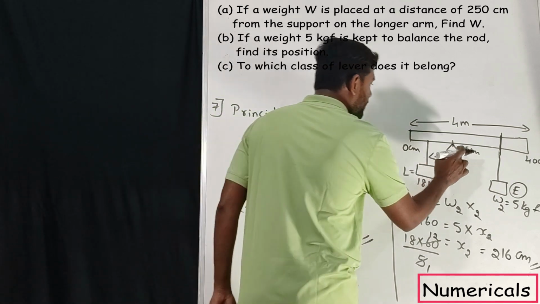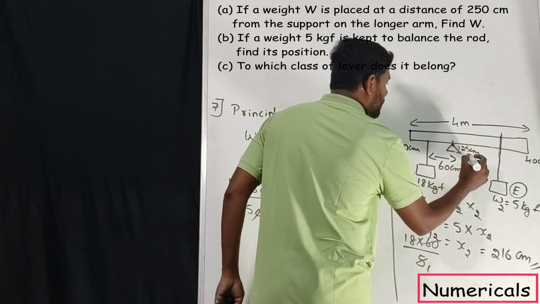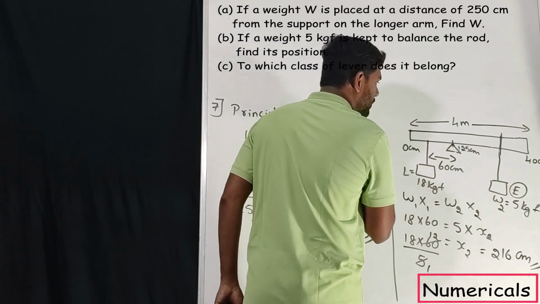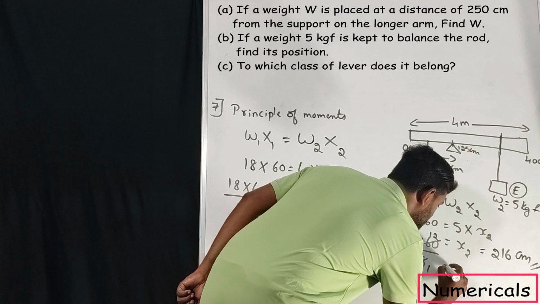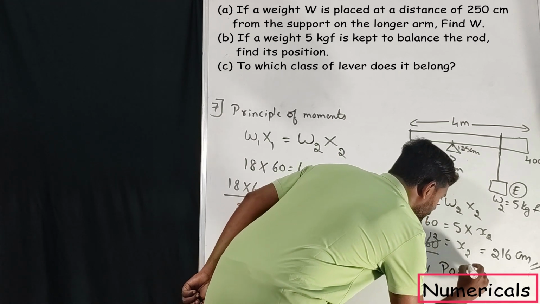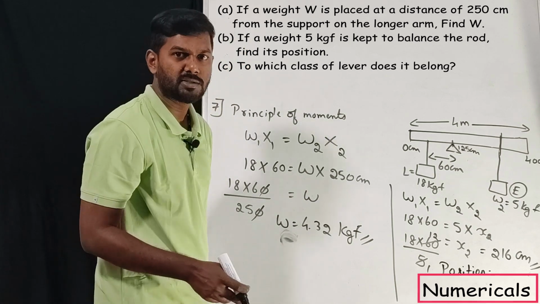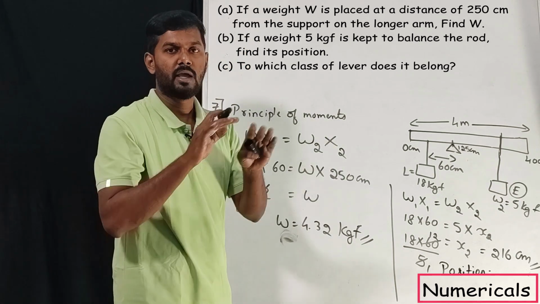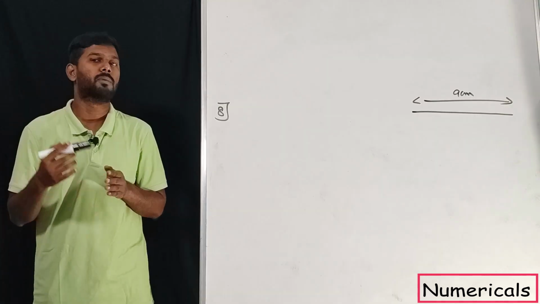So from here to here it is 216 centimeter, and this will be 125. So the position will be 125 plus 216. If you add it, we will get the answer directly. That's it.